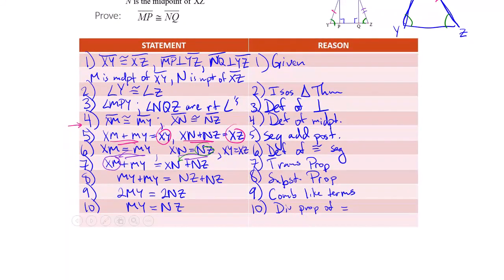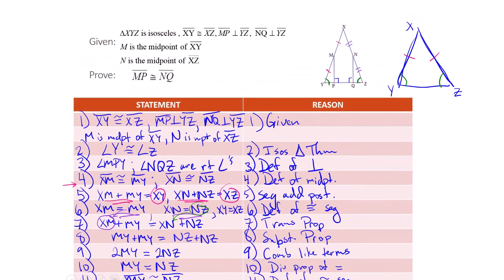All right. So if those are equal, that means the segments must be congruent if the lengths are equal. So definition of congruent segments. Now we can say this segment here is equal to this segment here, right?